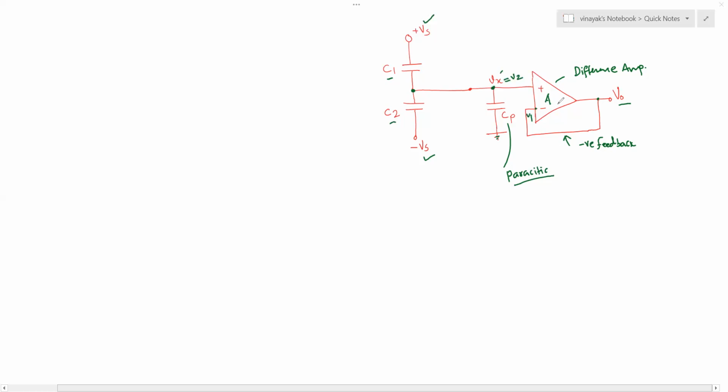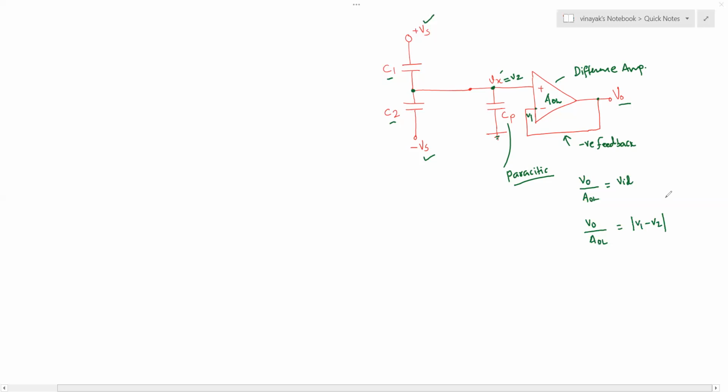And now we have the assumption that the open loop gain of the amplifier, AOL, is pretty high, ideally infinite. That means the ratio of the output divided by this gain is equal to VID. And VID is the difference between the two inputs, V1 minus V2.